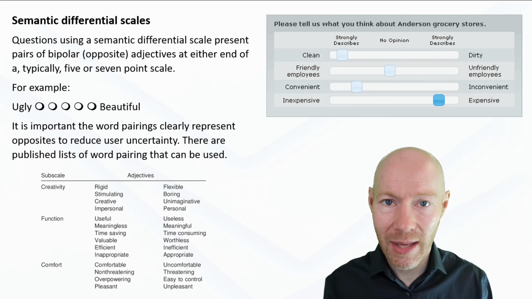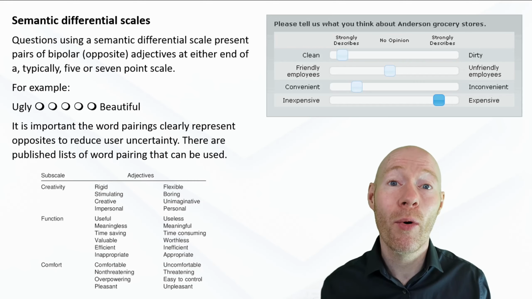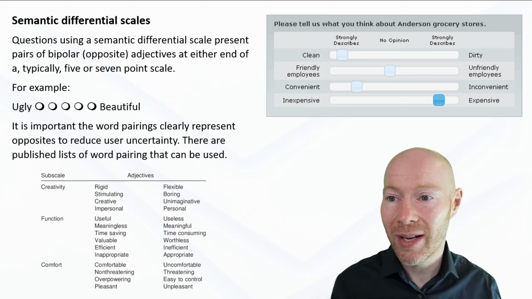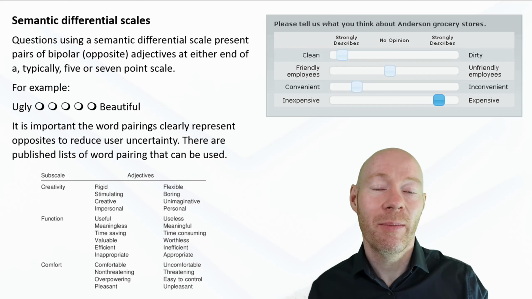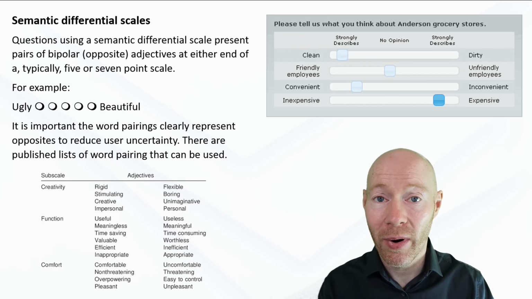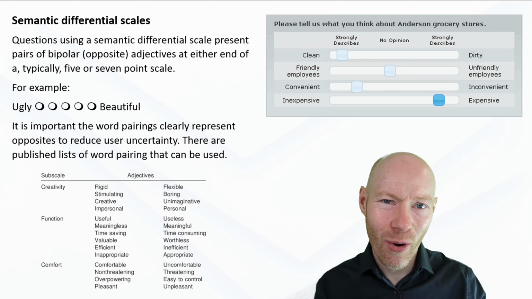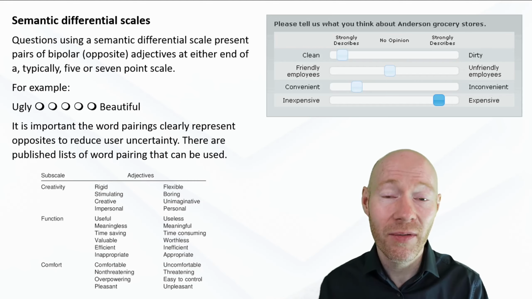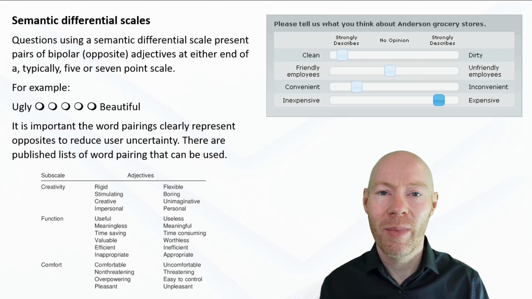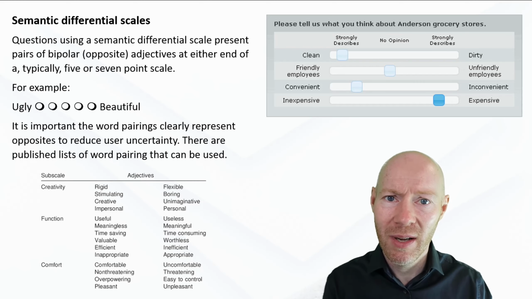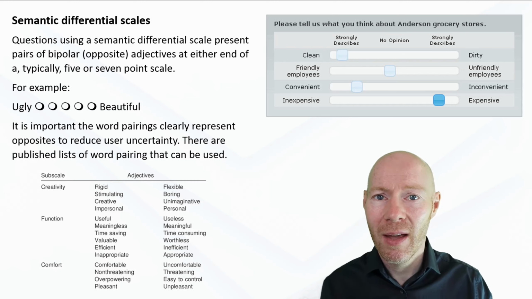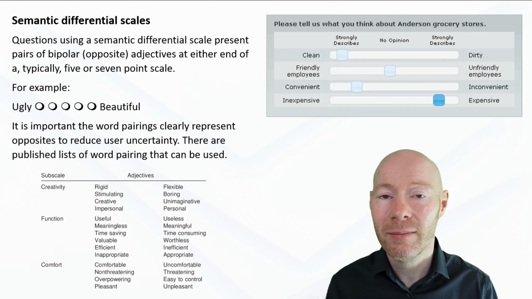If we're using this approach, it's quite important we use word pairings that are opposites, and that needs to be clearly perceived by all of the people that we're asking the question to. If they're not truly opposites, we will confuse the users, and they're going to be uncertain about how one thing morphs into another if they don't view them as bipolar in how they conceptualize them.